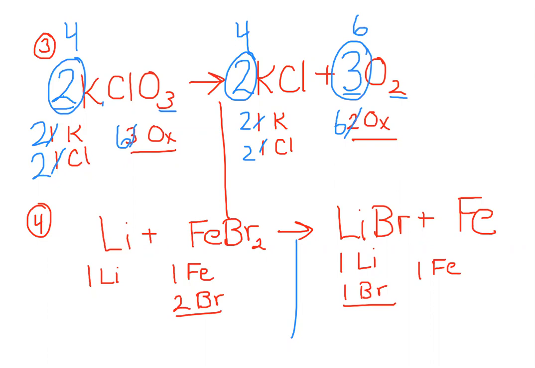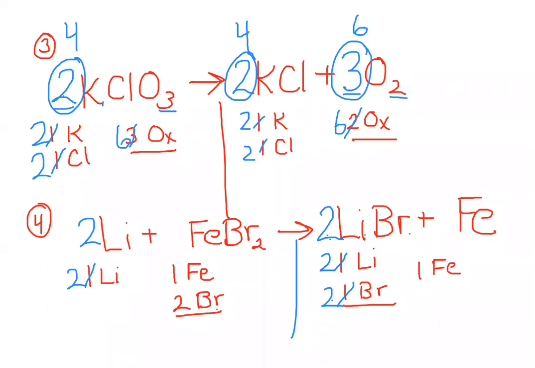There's 2 of them over here, so let's put 2 of them over there. Now we got 2. 2 times 1 gives us 2. But what did that do to the lithium when we did that? It made it 2. So we're going to have to go back to this side and put a 2 here so that we have 2 lithiums. And now everything is balanced.